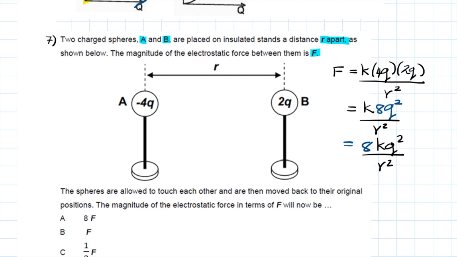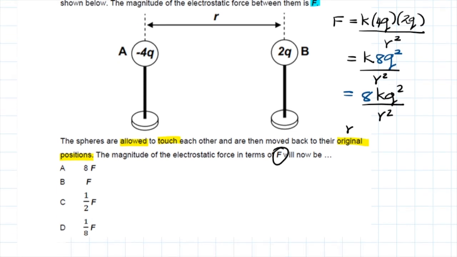It says, the spheres are now allowed to touch, and then they are moved back to their original position. So they then are still a distance r apart. The magnitude of the electrostatic force in terms of F will now be A, 8F, B, F, C, half F, or D, 1/8 of F.